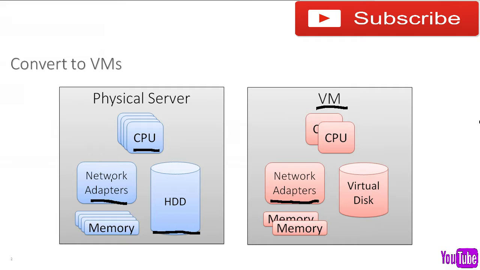What matters is that we create this virtual disk and that we migrate all of the data from the source virtual machine to that virtual disk. And when the VM powers on, it's got its new hardware, it's got its new disk, and it should just work. So that's how we actually convert a physical server to a virtual machine.